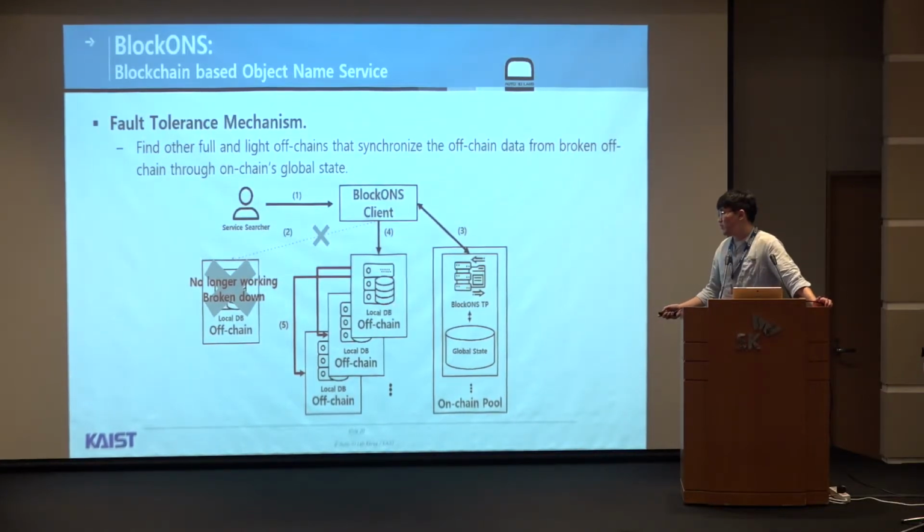So we can find another off-chain which stores the service data from this agent. By using this process, the user can continuously discover the services which they want.